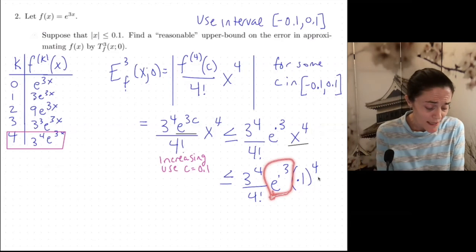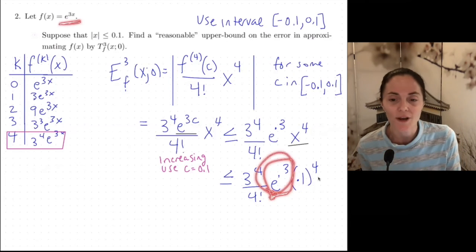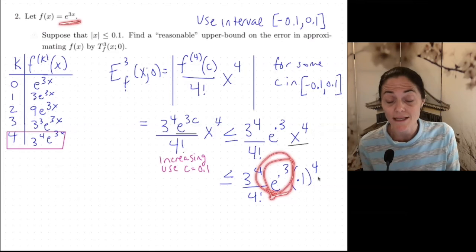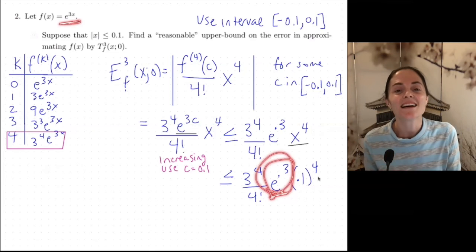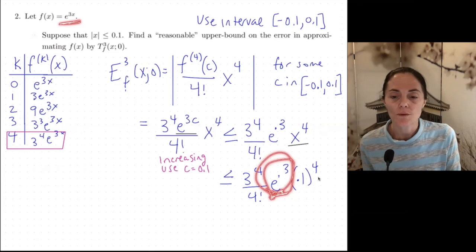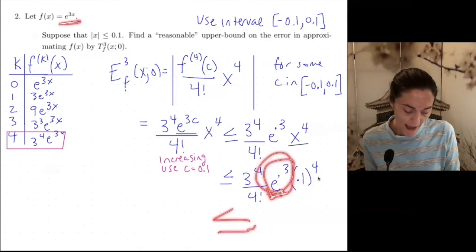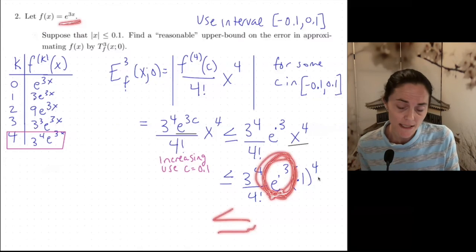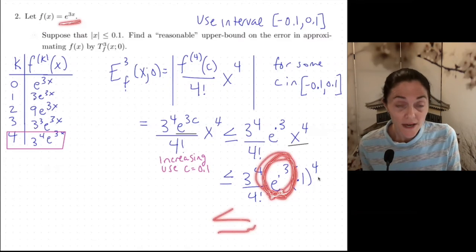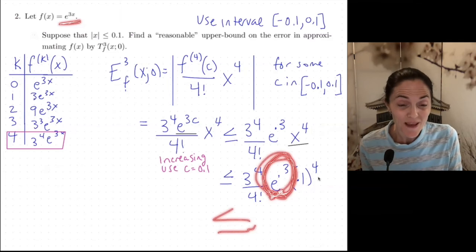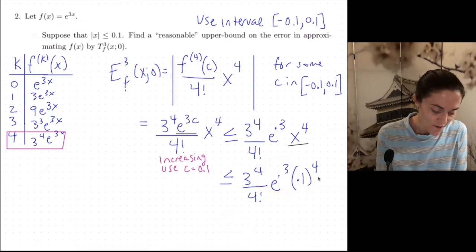If you're trying to approximate e to something and you have this in your error bound, it's a little bit circular. So a better answer would be to have one more less than or equal, where I have some number that I can confidently say is bigger than e to the 0.3. So let's talk about that over here.